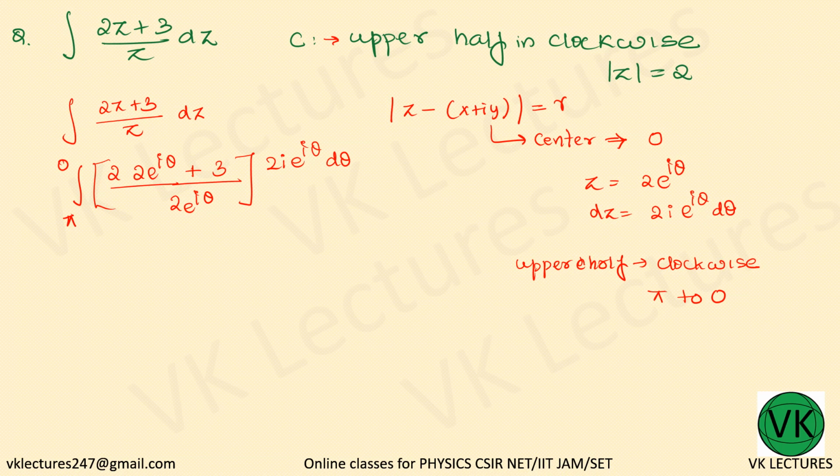Okay, whichever is possible you can remove. Here we have 2 e to the power i theta, 2 e to the power i theta.